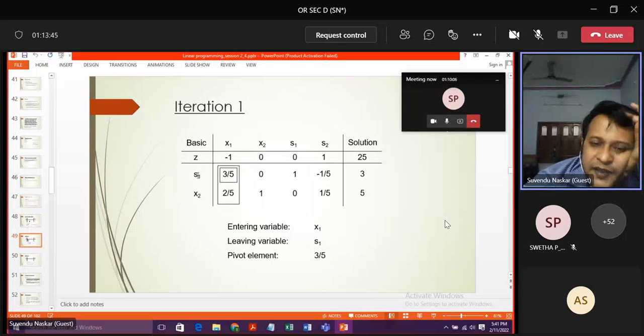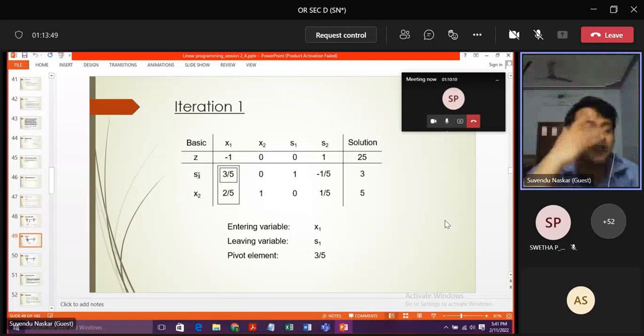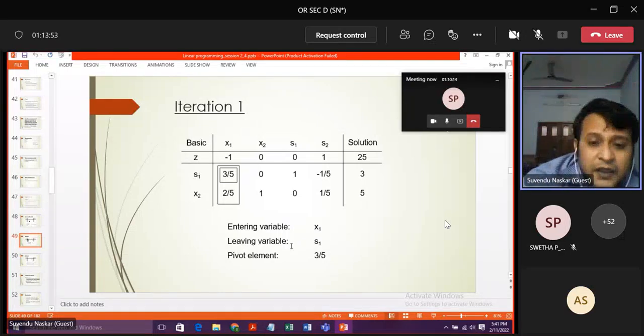So I am basically removing non-basic variables from my solution space. So now I will be leaving S1. What I'm going to do is make it 1 and make the rest of the others 0.